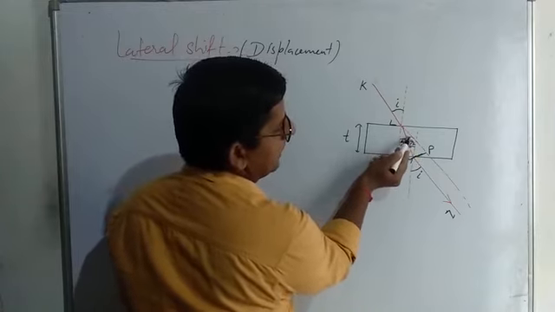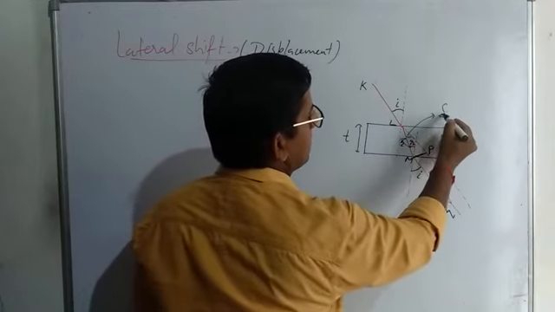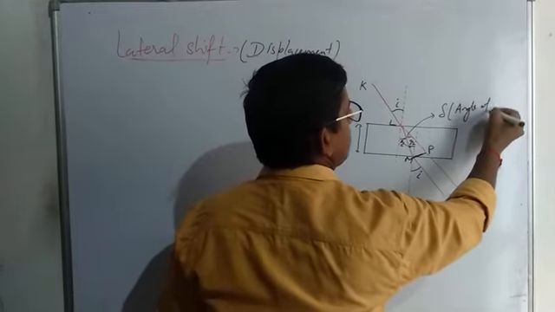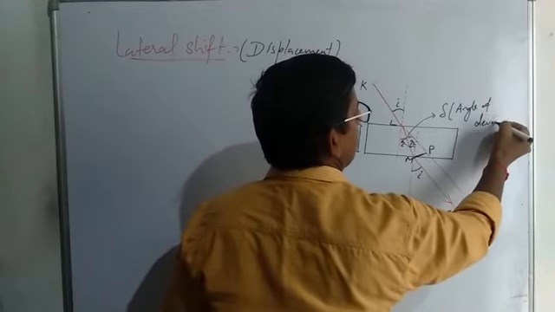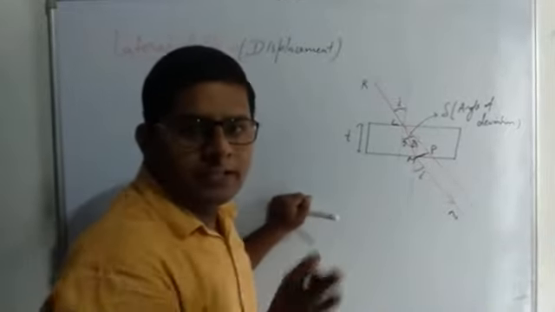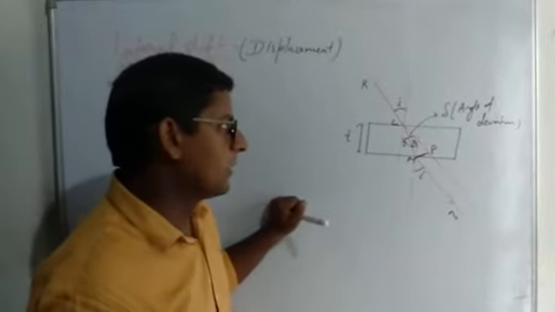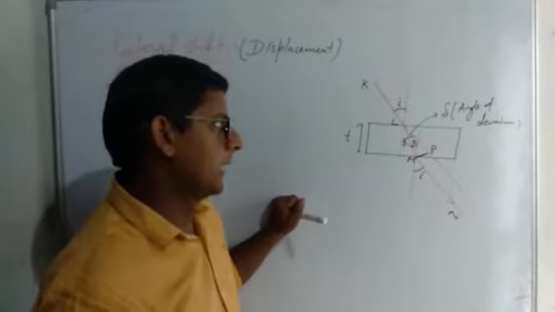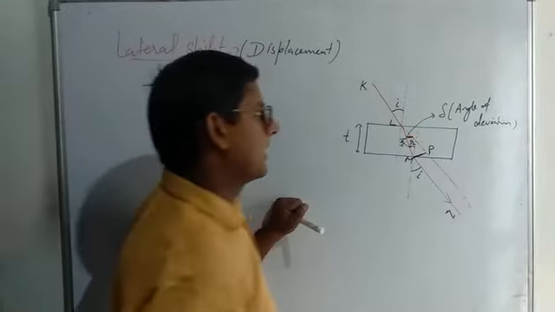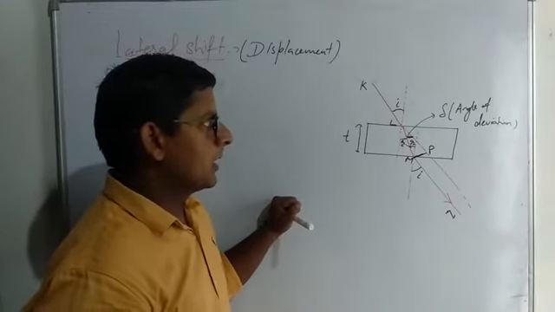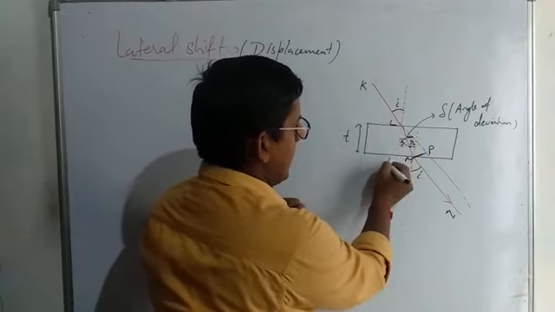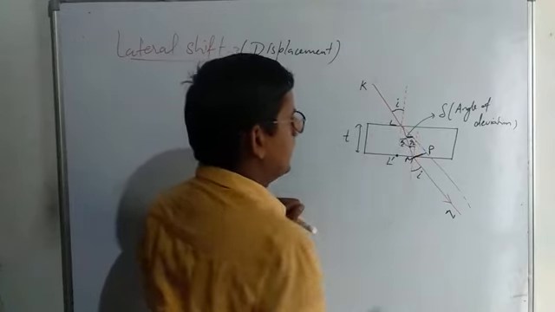You can see that angle is the angle of deviation. Angle of deviation means how much angle the ray deviates from its original path due to the refraction. Done. And let's say this point is L, this is L dash.